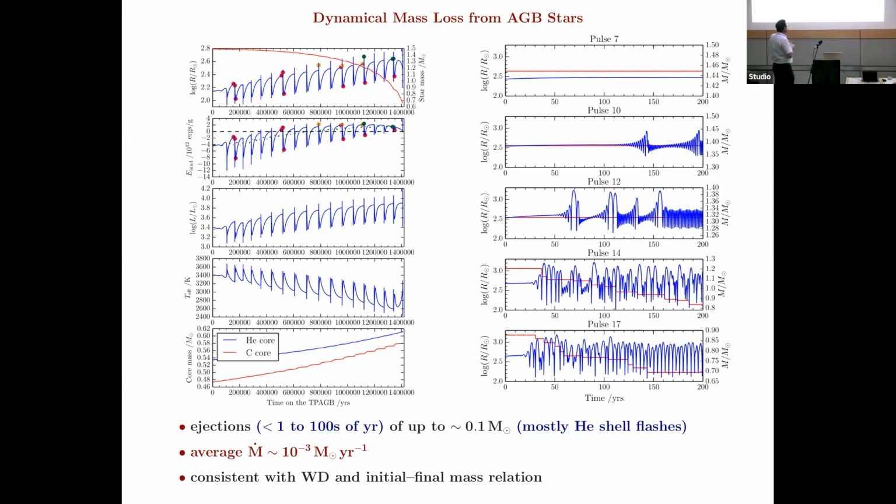And here I'm now looking at a star that has finished hydrogen and helium burning and evolves as a so-called asymptotic giant, a 1.6 solar mass object. And what you see here is the radius evolution of the star after helium core burning. You see these funny pulsations. They have nothing to do with the pulsations I'm talking about.